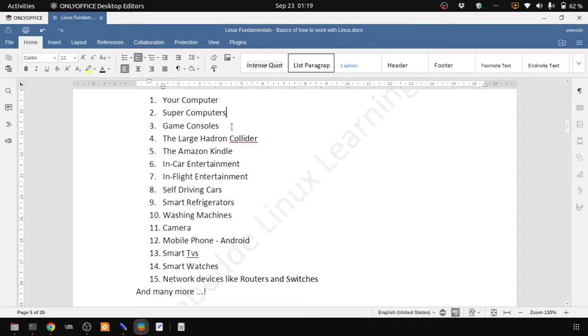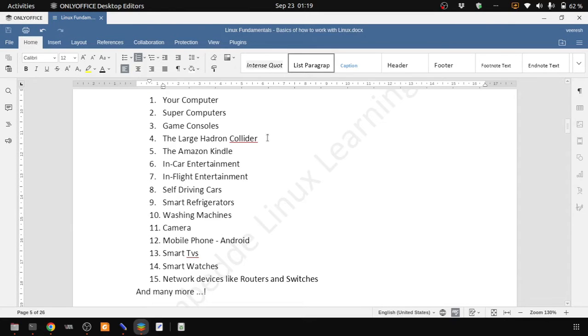And supercomputers. It is said that around 90% of the supercomputers use Linux because of its security and because of its performance. Linux is powering most of the supercomputers. Game consoles. If you go to any gaming console or gaming studios, you can witness Linux.